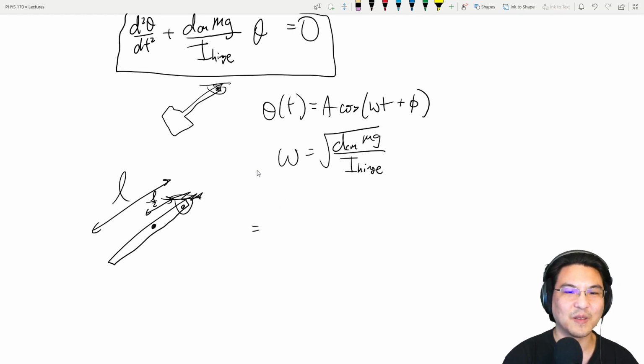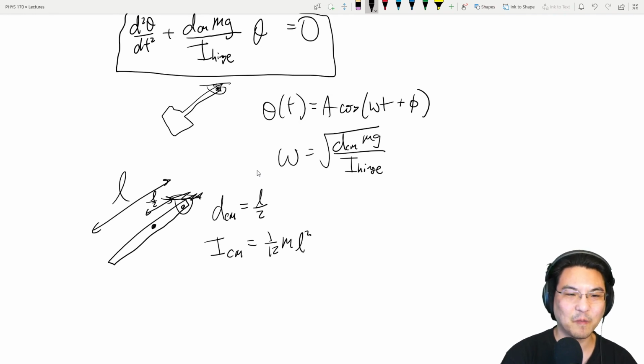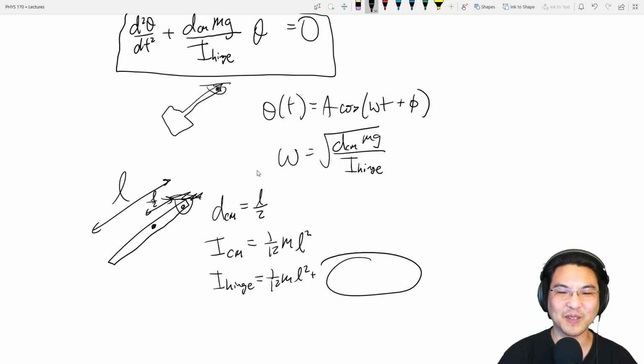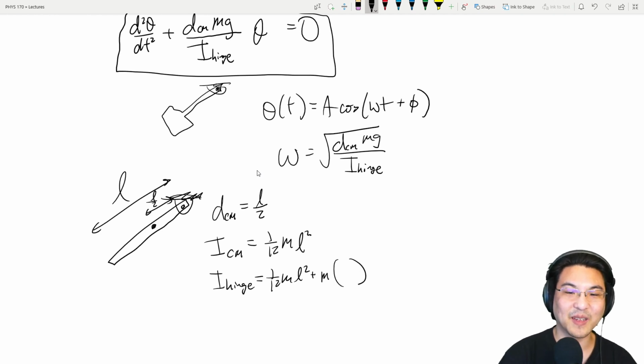The distance to the center of mass in this example, if it's just a slender bar, would be halfway, L over 2. The moment of inertia about the center of mass for a slender bar is 1/12 ml squared. The moment of inertia about the hinge would be 1/12 ml squared plus extra. How much extra? The mass of the bar times the distance between these two axes squared.